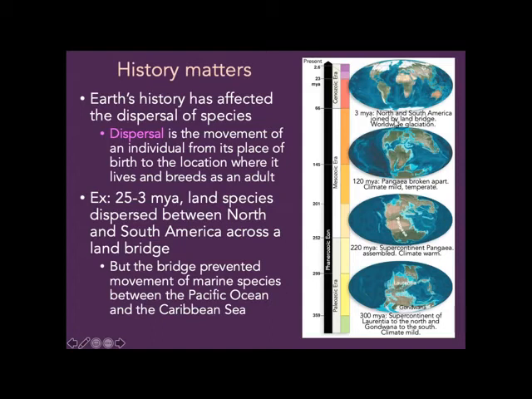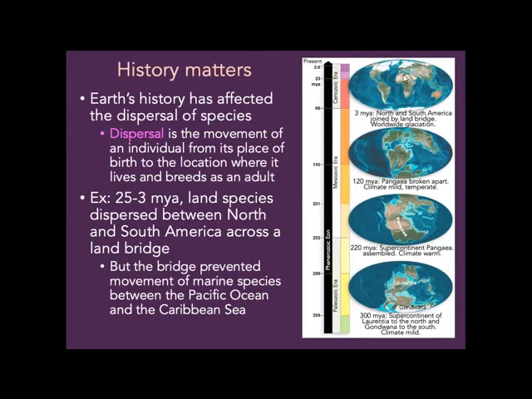And then 3 million years ago, North and South America were joined by a land bridge, but there was worldwide glaciation. So we have a combination of different routes by which organisms can move from one continent to another, right? And different ranges of temperatures that organisms could either survive or not survive.